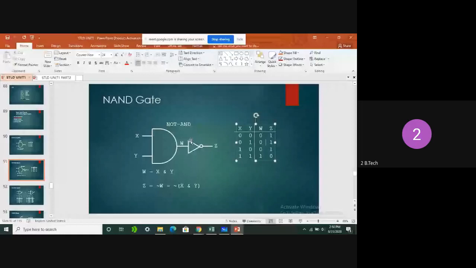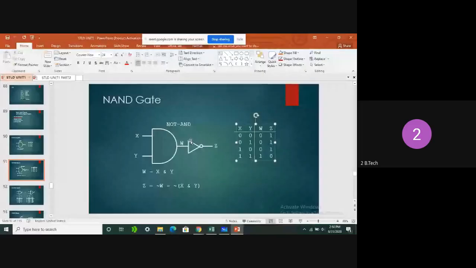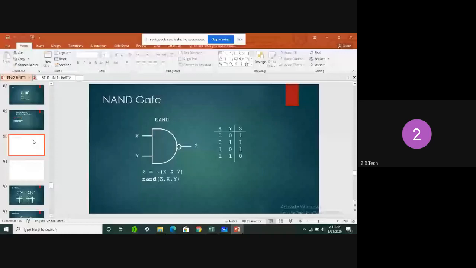So clearly we learned the truth table for the AND gate. If the AND output is 0, then it is applied to the NOT gate and thereafter inverted. So if W is 0, obviously Z will become 1. If W is 1, obviously Z will become 0. In the normal AND gate, only if both are ones is the output 1; in all remaining cases it is 0.